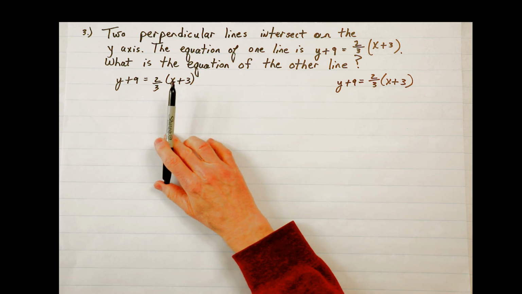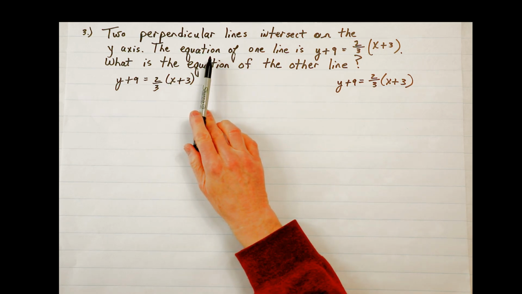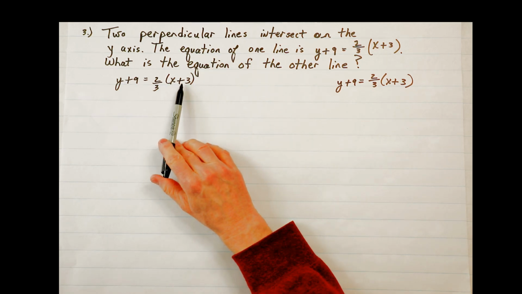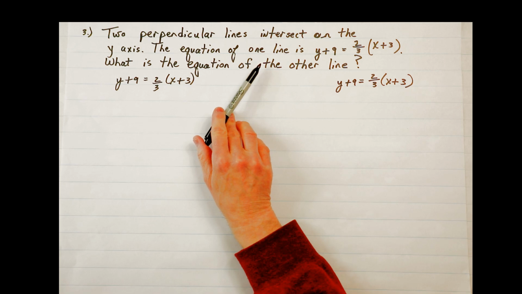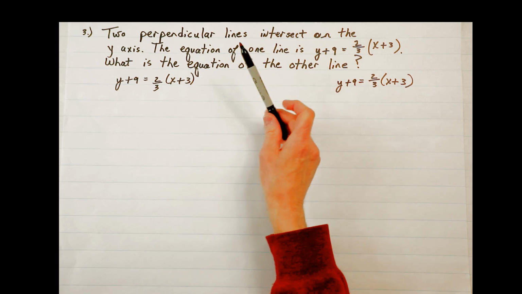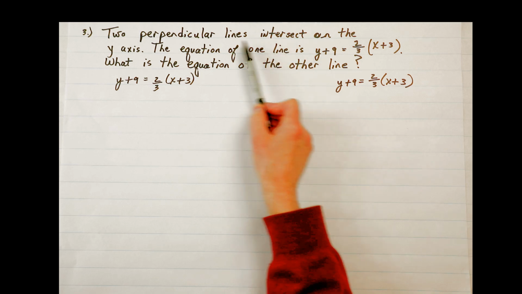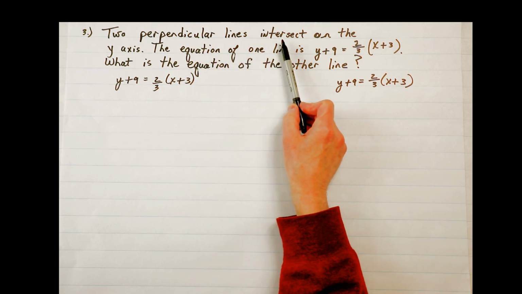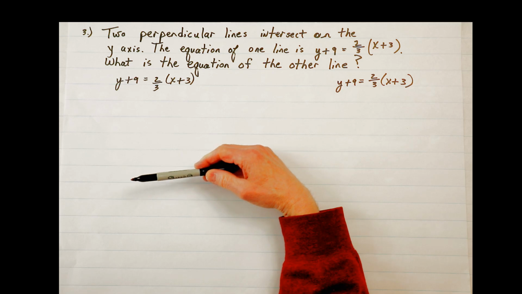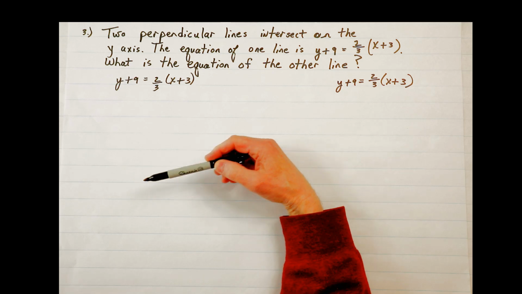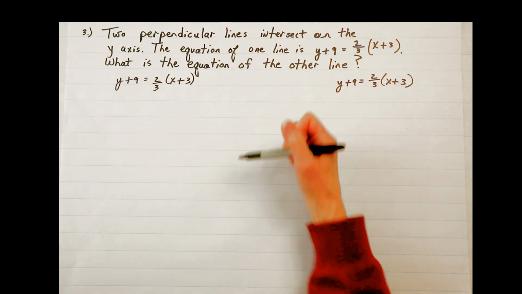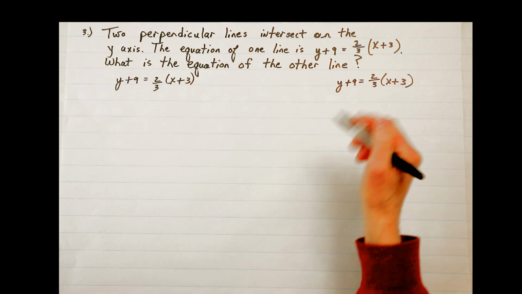Now we have to make a line perpendicular to this one, but they both have to have the same y-intercept. That's what it means when it says the lines have to intersect. They have to be perpendicular and they have to intersect on the y-axis. Now this is a different kind of problem. I want to show you something.